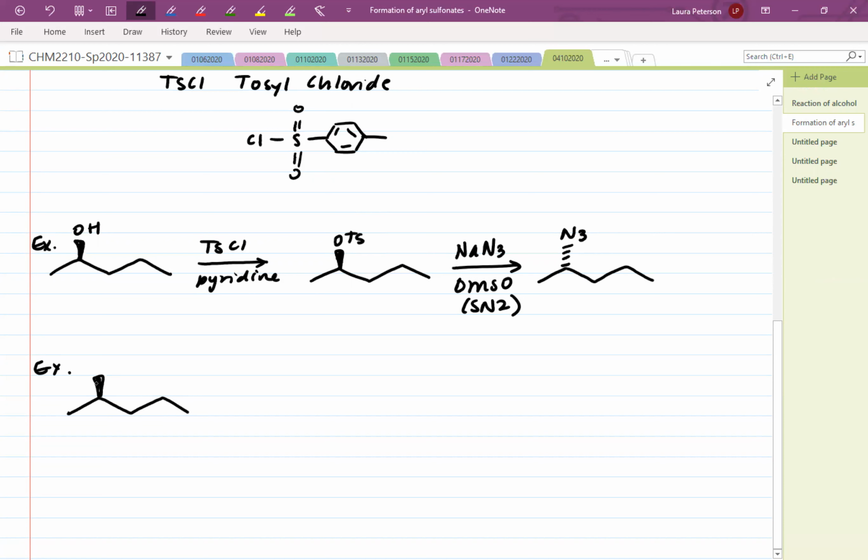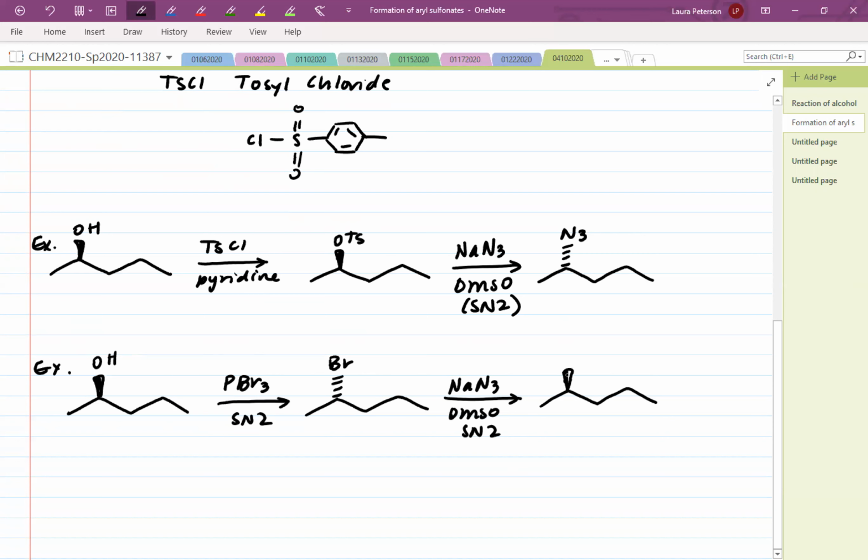We could start with the same alcohol, but what if I use PBr3? That would convert the alcohol into a good leaving group in terms of being a halide. Since the step with PBr3 is SN2, I get inversion of configuration. Then I do another SN2 reaction, inverting again.